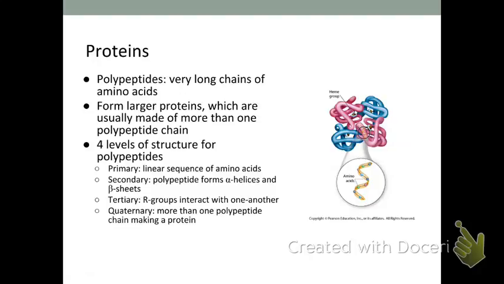Now we have 2 polypeptide chains. Oftentimes they're identical polypeptide chains, all working together. Other times there are 2 different ones or 3 different ones, depending on the protein. And that's when you get your functional protein. Usually it's not until you get to this quaternary structure that you really gain any function. So quaternary is when you get your functional protein.